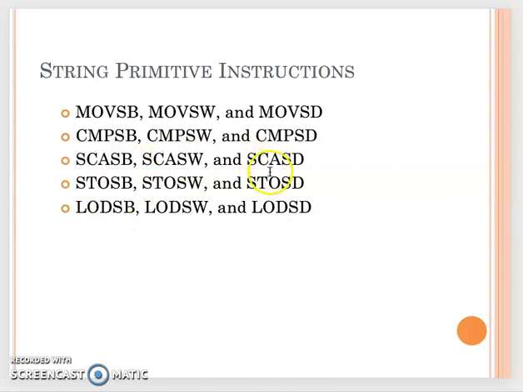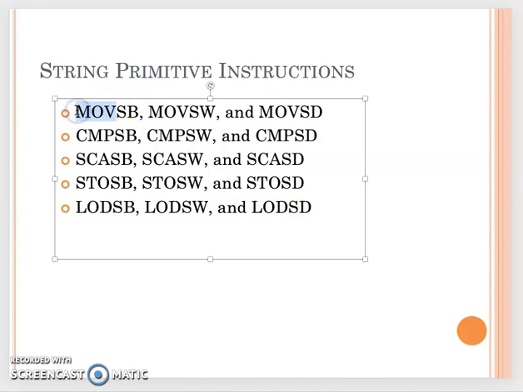You see many different instructions because, for example, the move instruction has MOVSB, MOVSW, and MOVSD, which means you move a byte, word, or double word. The same thing applies to all the other instructions, but we'll just focus on how to work with them and what those instructions mean.